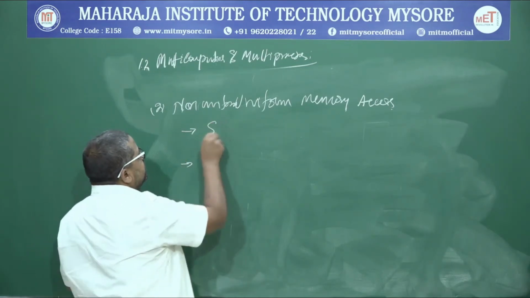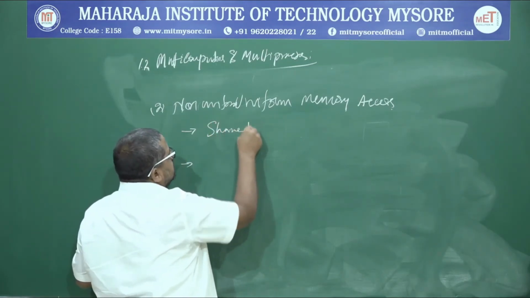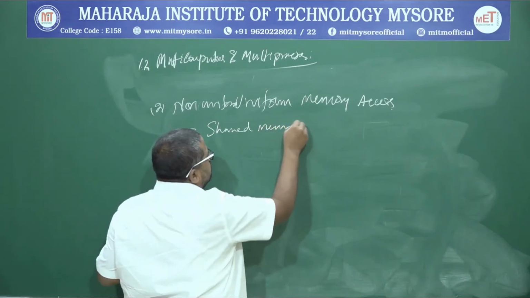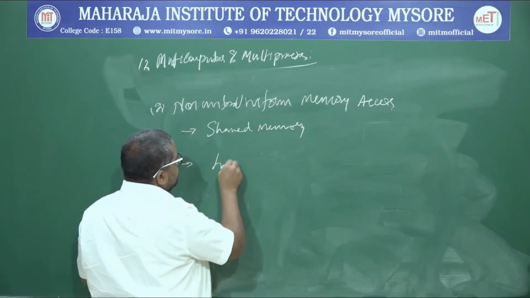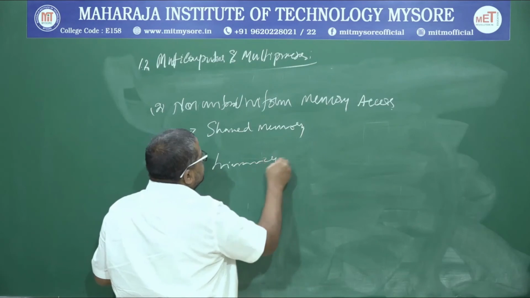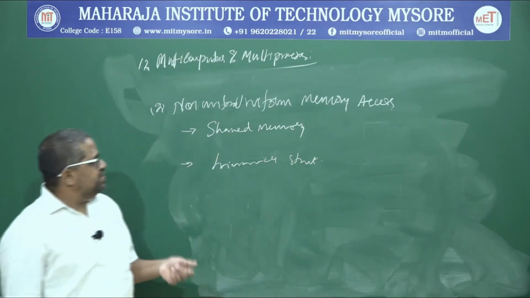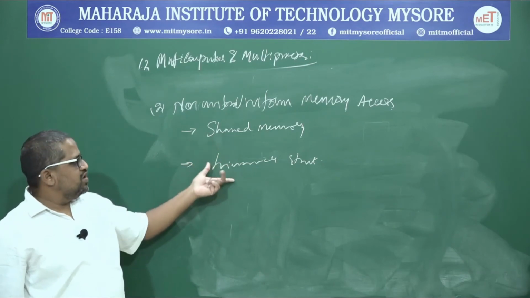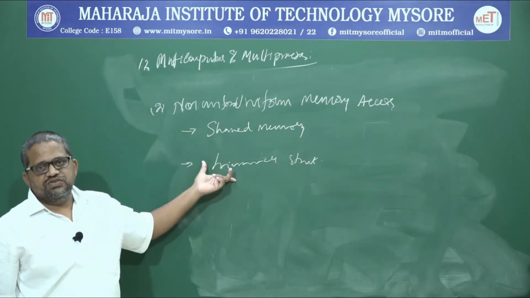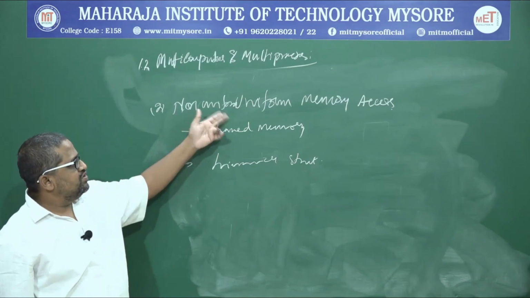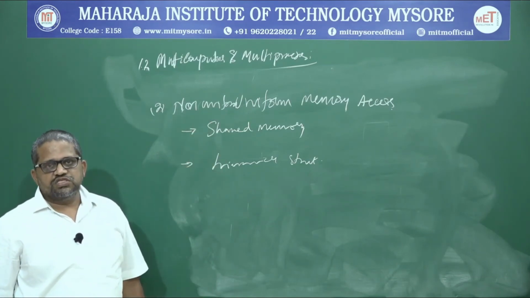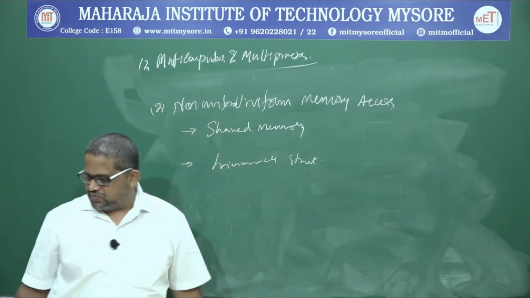The first one is a shared local memory, or it could be a hierarchical structure used for sharing in non-uniform memory access models. So, we will look into both of these now.